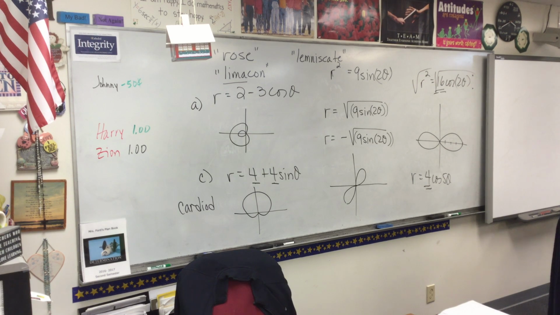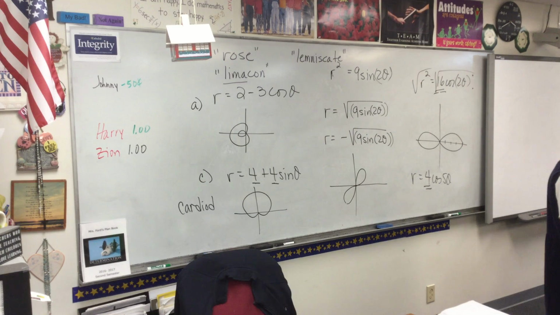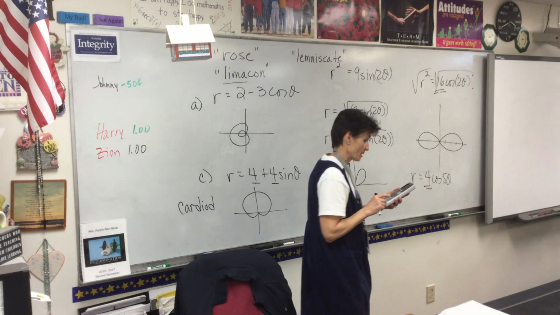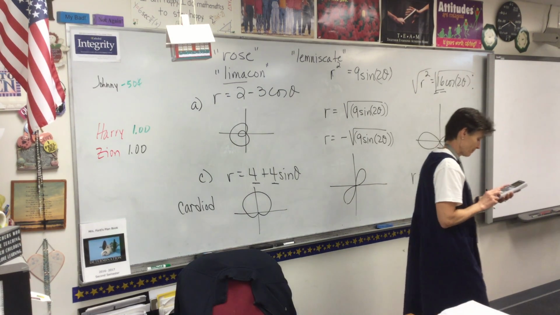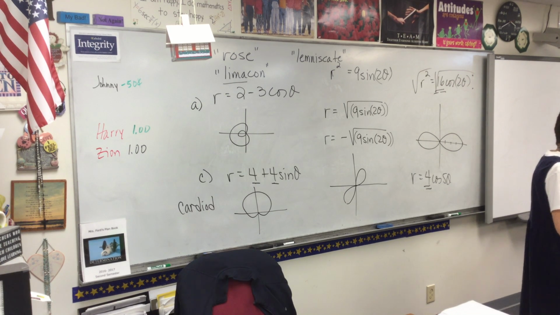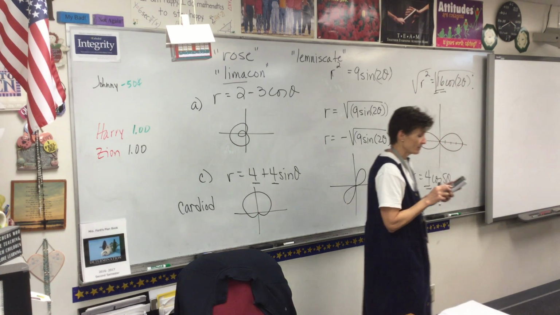Theta step is 0.1. X min is negative 100. X max is 100. Scale is 1. Y min, negative 100. Y max, positive 100. And the scale is left at 1.